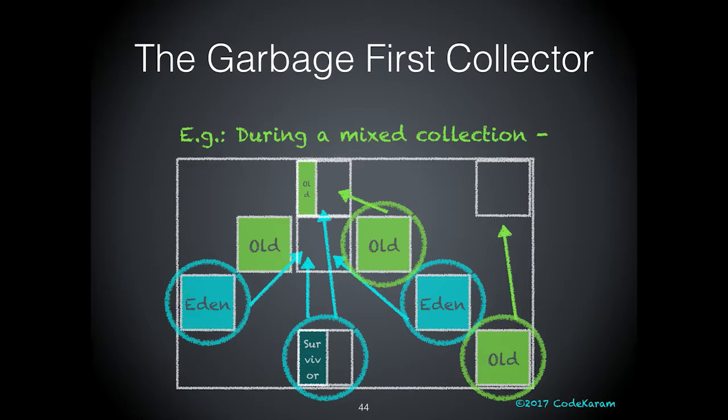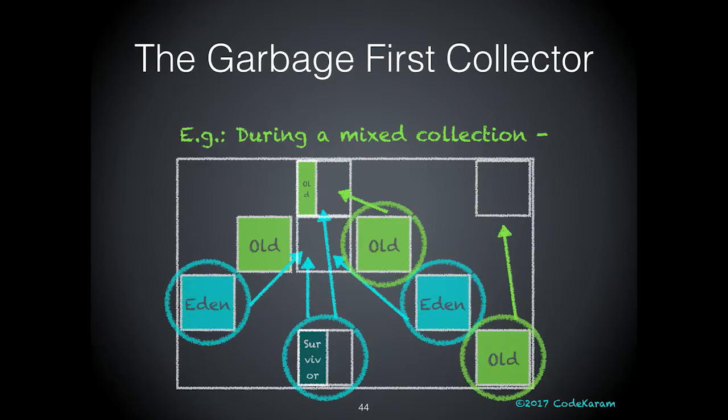So you can go and check their liveness too when you're doing marking. No, just during your young collection. You're already doing marking and all those things for your young too, right? So you can just include the humongous regions as well at that time. Yeah, because remember I said normal allocations are in young, and then humongous always go in old. So we already know that those are humongous. We already know it. Okay.